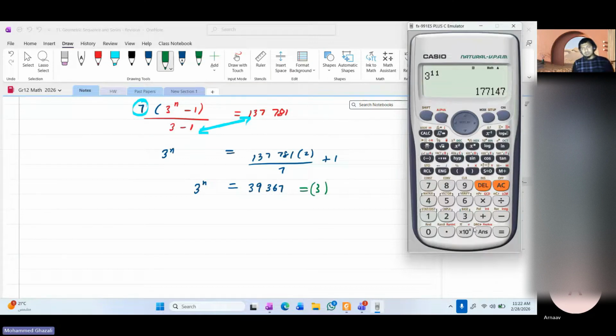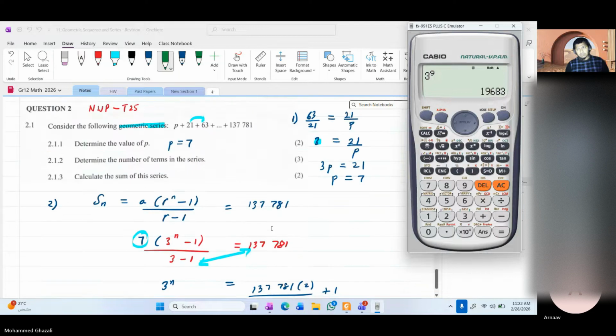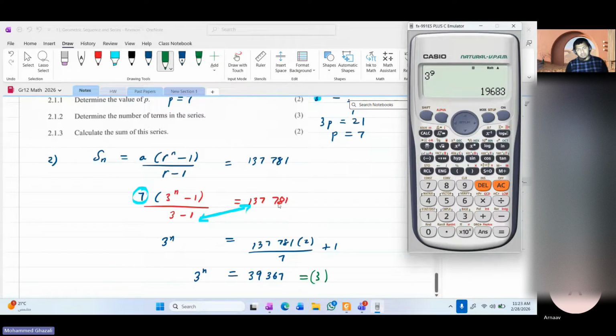That's going to, wait, supposed to be 19,683. 137,781 times 2 divided by 7, then add 1.